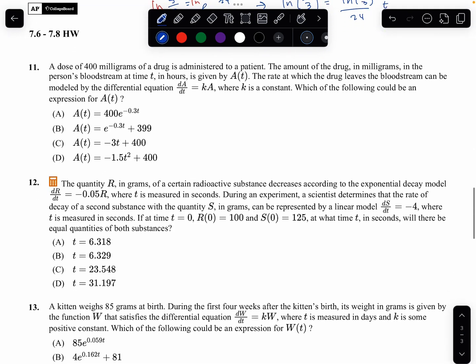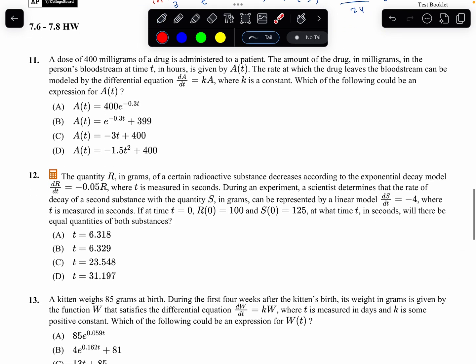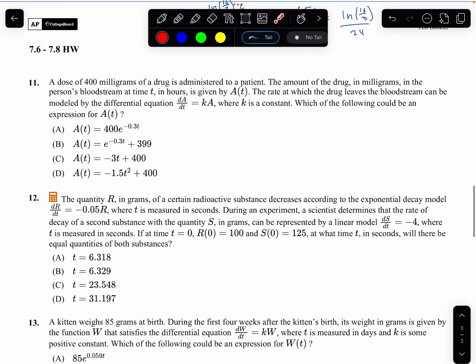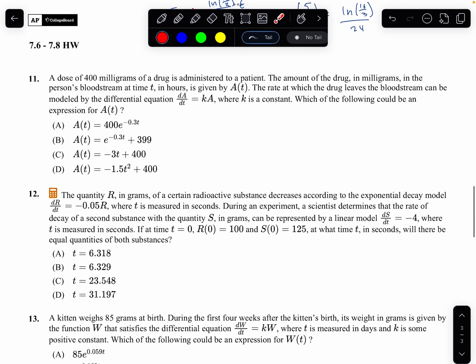All right, so for 11, again, this is just following along the lines of exponential differential equations. A dose of 400 milligrams of a drug is administered to a patient. The amount of the drug in milligrams in the person's bloodstream at time t in hours is given by A of t.